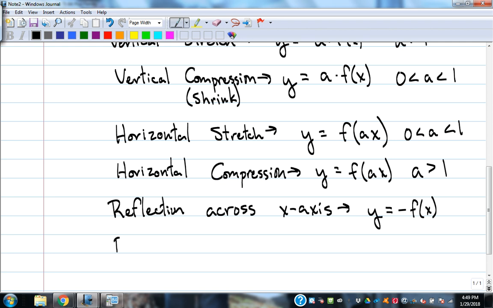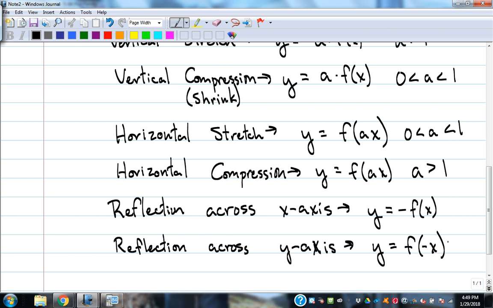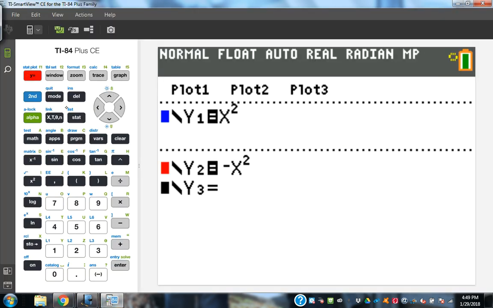Okay. Reflection across the y-axis, a little tougher to see on the x squared function because it's a negative on the inside, and with the x squared function, it's symmetric anyway. So when you flip it across the y-axis, it looks exactly the same as it started with, but it really does spin it. So it might be easier to see if I swap to the x cubed.